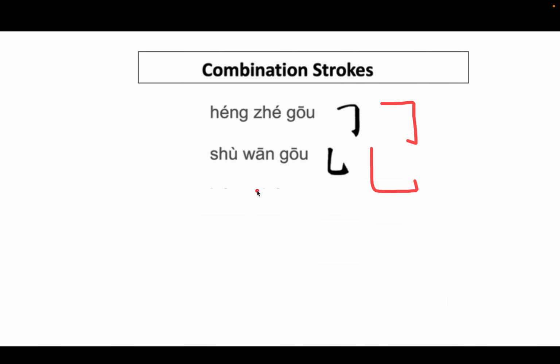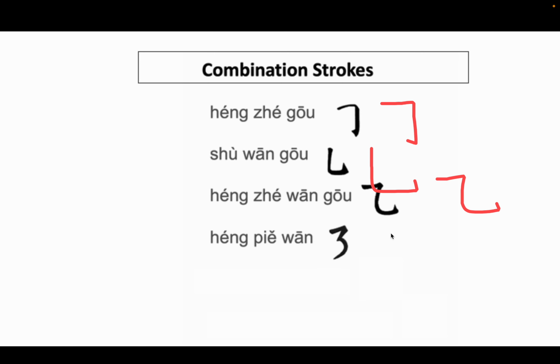Next one, please write down 横折弯钩. 下一个, the next one, what do you think? 横撇弯. Right? Good. Next one, from 横撇弯, we're going to add the hook.